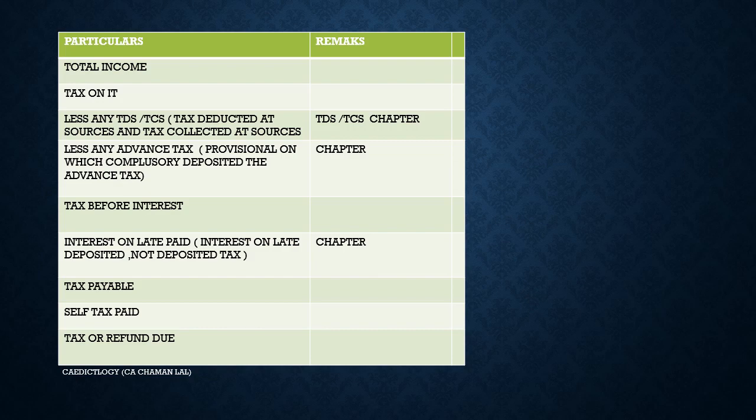Then calculate the total tax payable. If the total tax payable is more than the tax already deposited or TDS, it is paid by self-assessment tax challan. If it is less, then a refund is due and the government transfers the refund amount directly to the account.